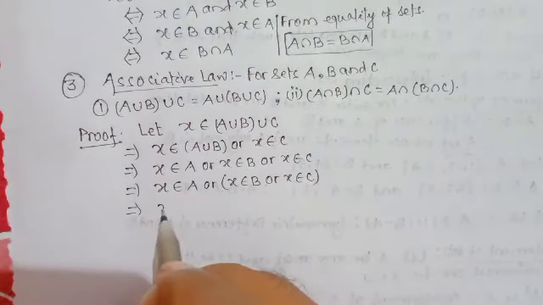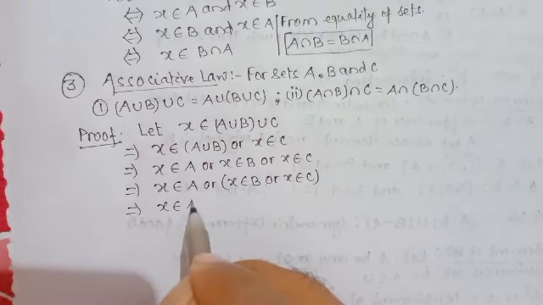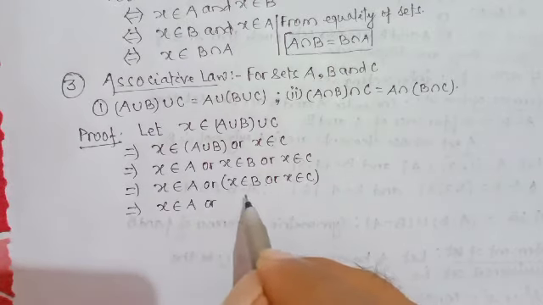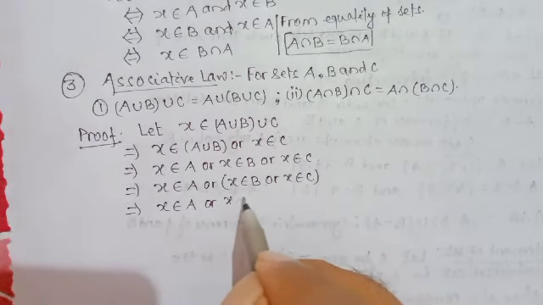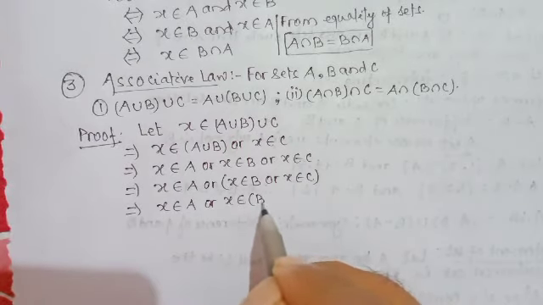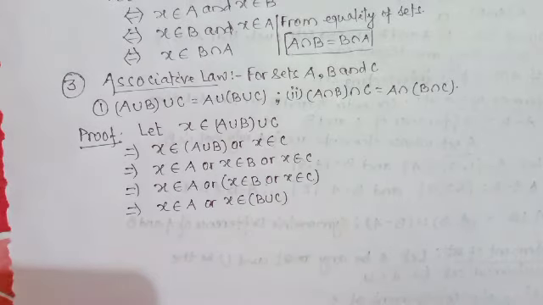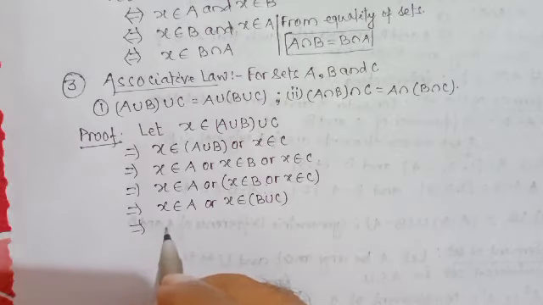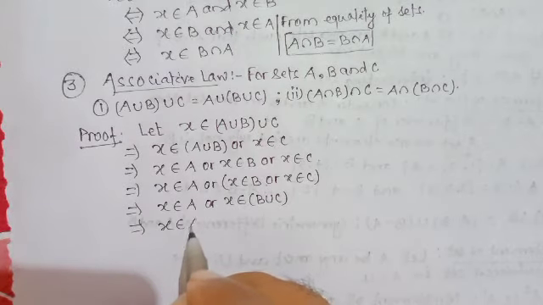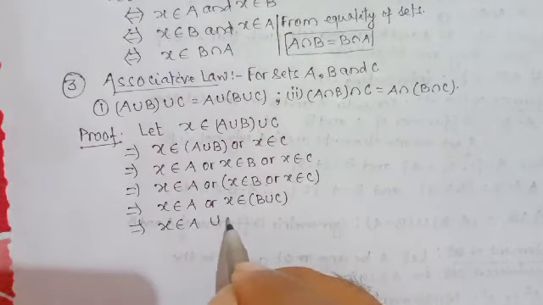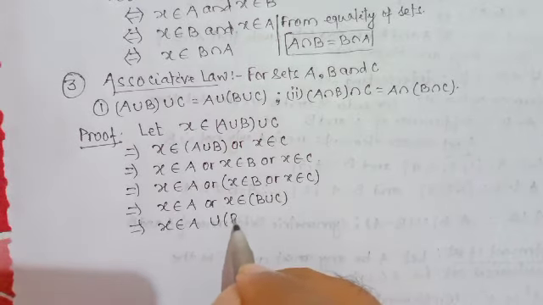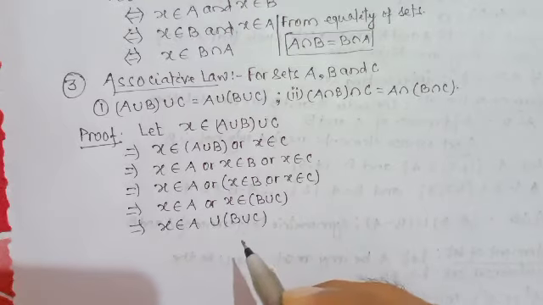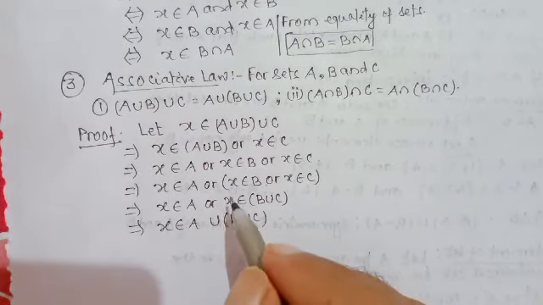So X belongs to A or X belongs to B or X belongs to C means X belongs to B union C. Further we write it as X belongs to A union B union C. Replace this symbol OR.